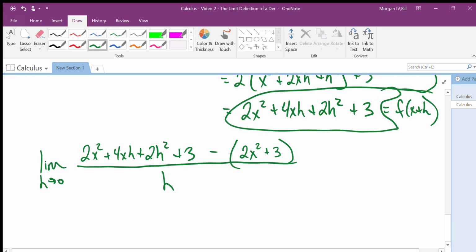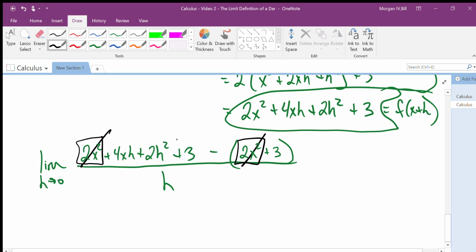Here's the great thing about this. Once you have this written down, every term inside this parentheses will cancel with something from the first term, f of x plus h. So what I see here is I have a 2x squared in the first part, minus a 2x squared. Well, 2x squared minus 2x squared cancel.